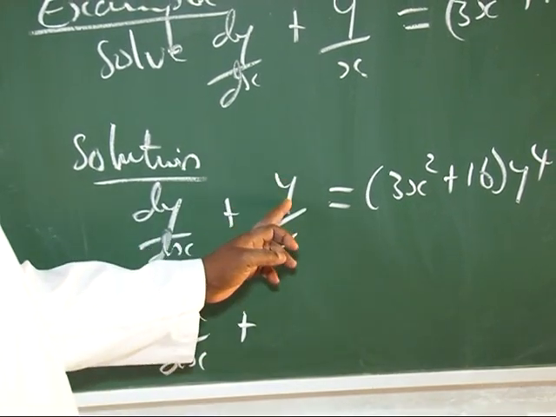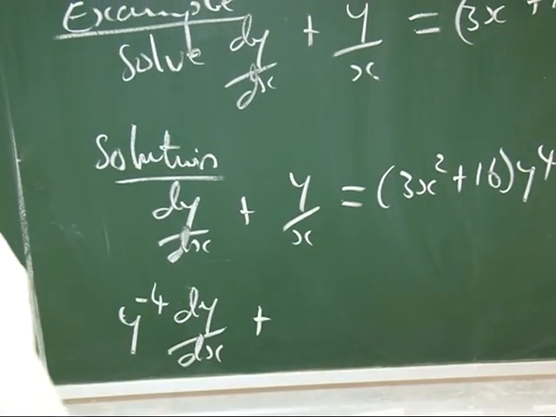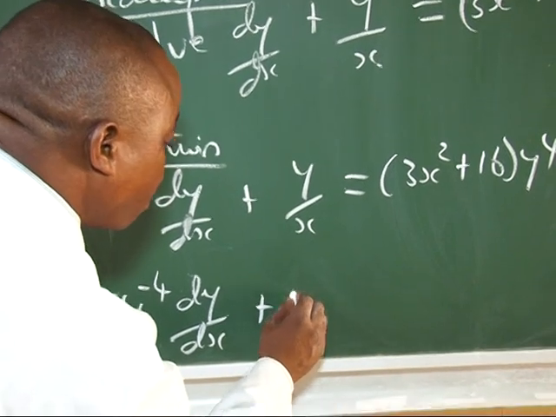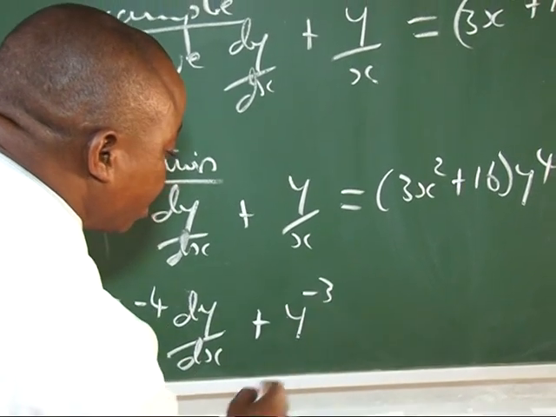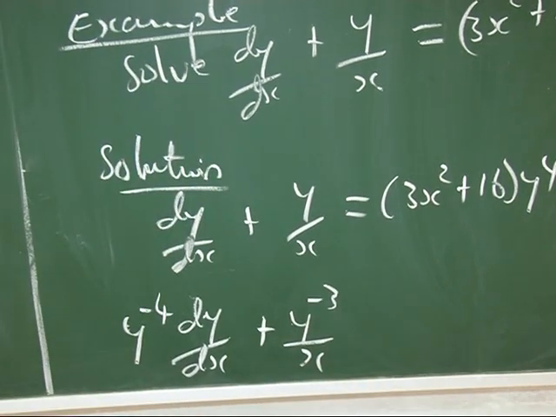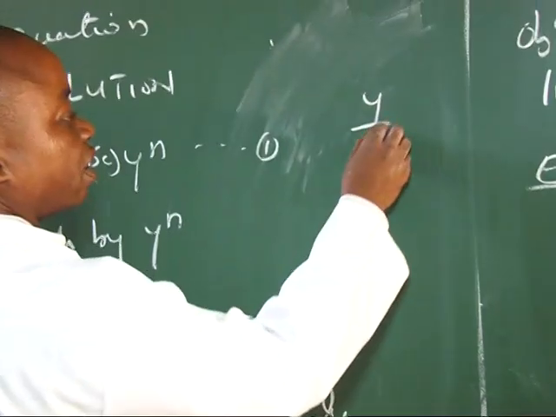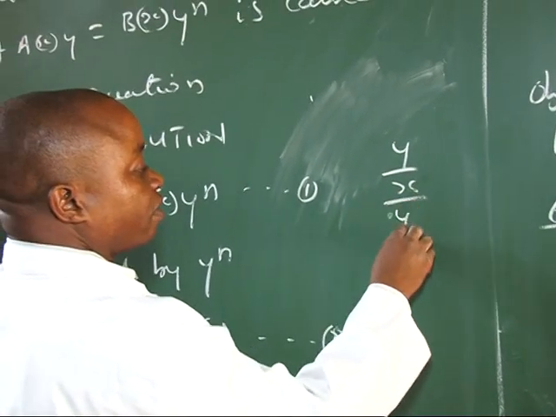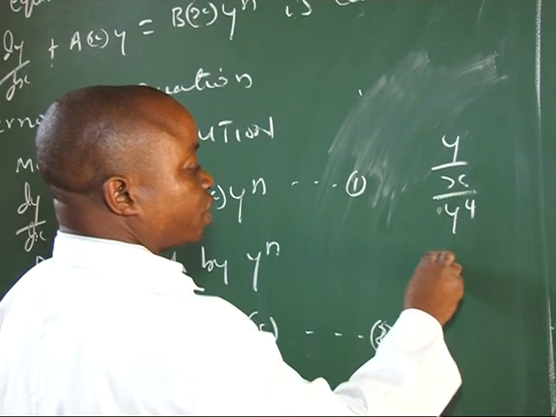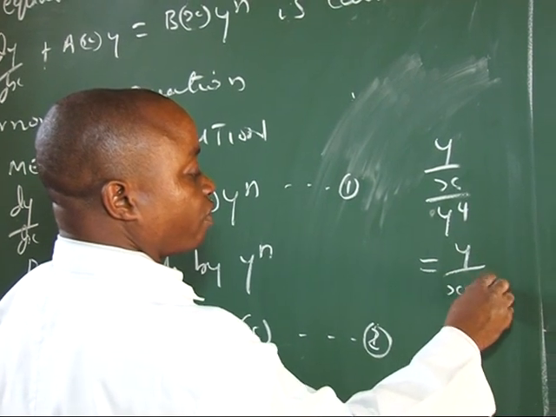And this y can cancel 1 y, and I will have y raised to negative 3, all over x. That is what I will have there. What is there is y over x divided by y raised to the power 4, which will give us y over x y⁴.